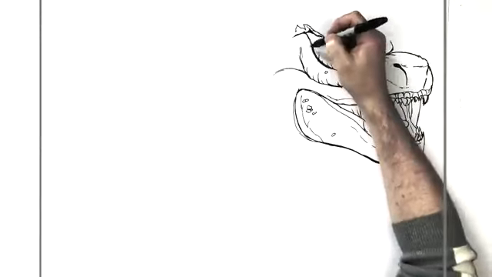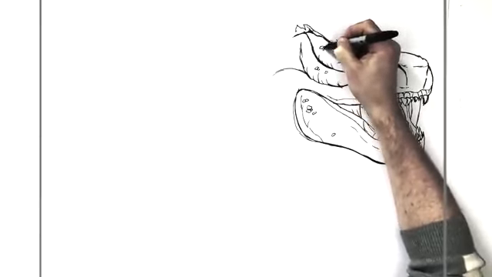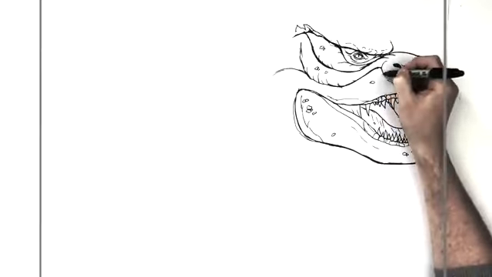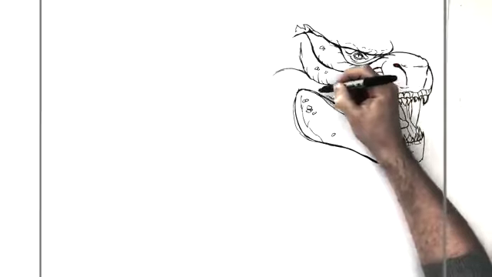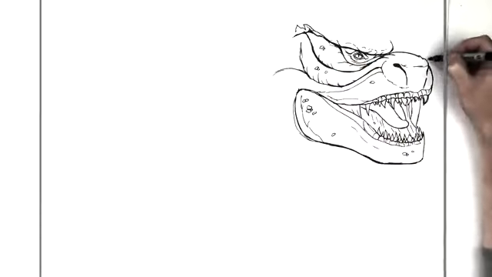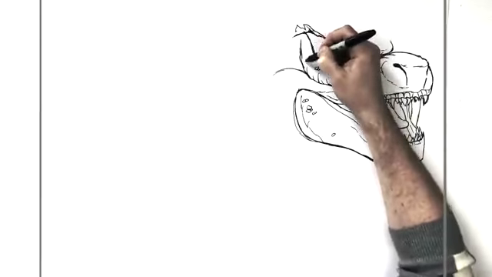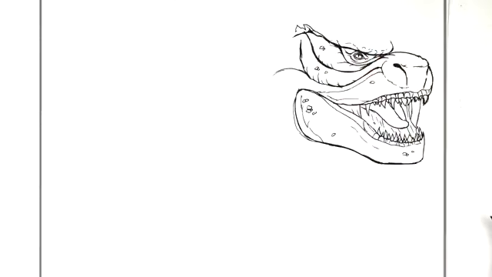Right, so again, you can add as much of that texture detail as you want. Like so. Right, so these are like these bag things that he has underneath his eyes, right?